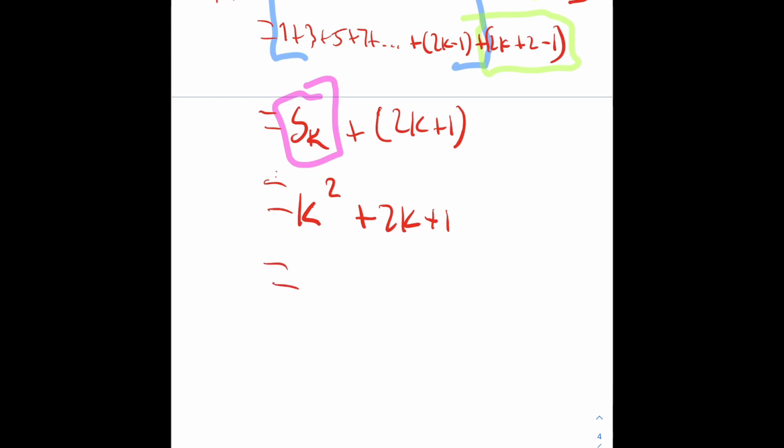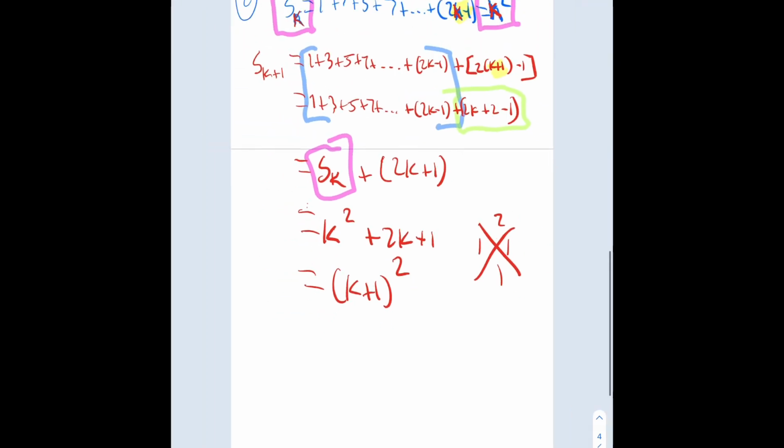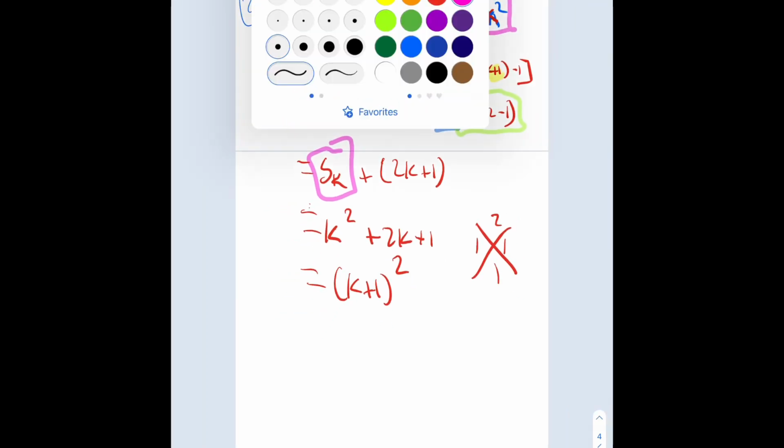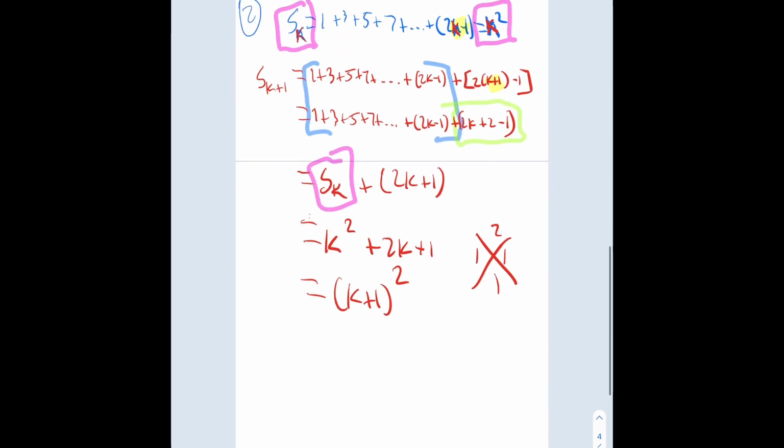So k squared plus 2k plus 1 equals, when we factor it out, what adds to get 2 but multiplies to get 1? We get k plus 1 squared, which, if we think all the way back, was what we were trying to prove all along.